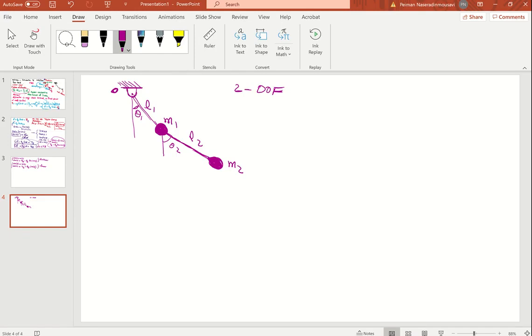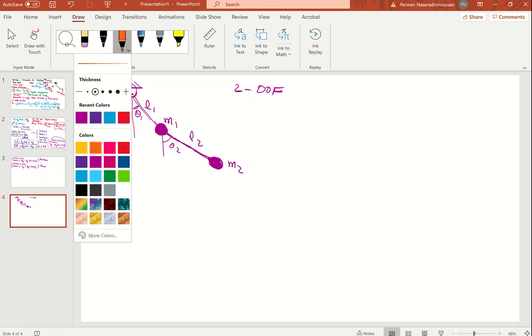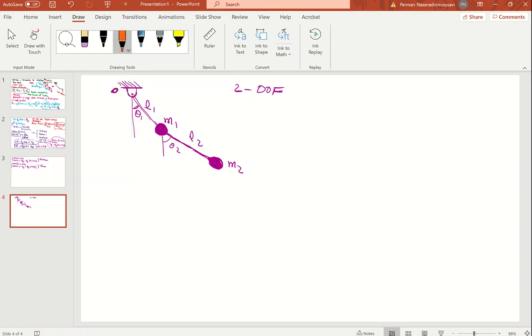One of the methods that I can use to solve this is what we name the Lagrangian equation for the open chain robotic system. What is that?